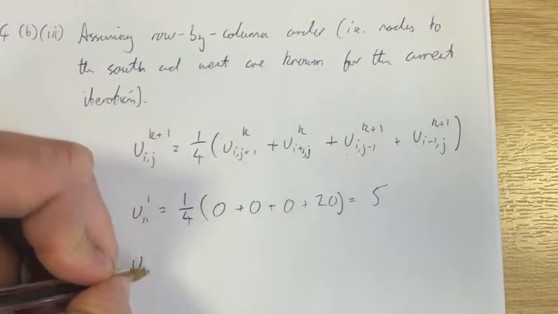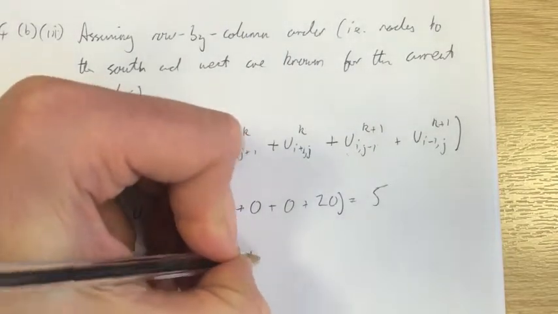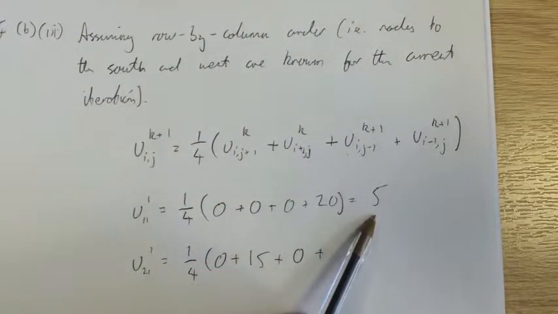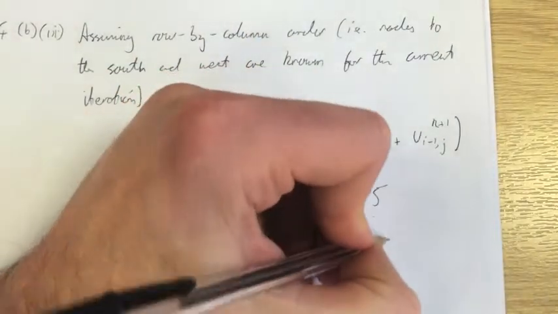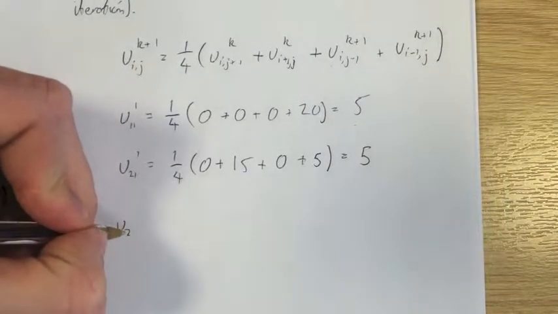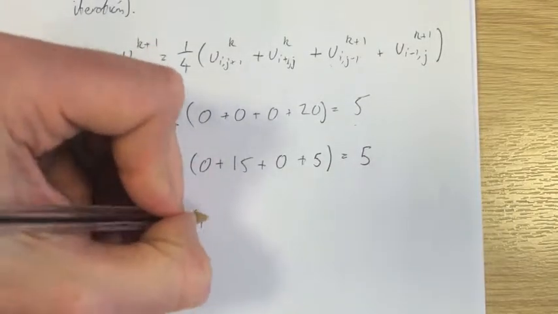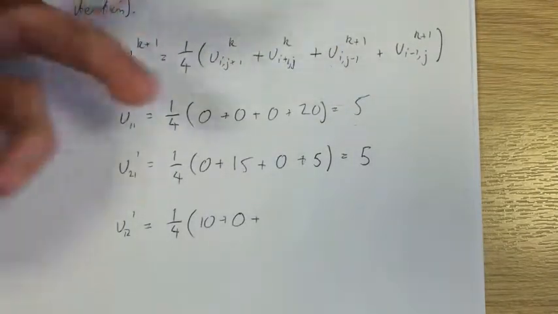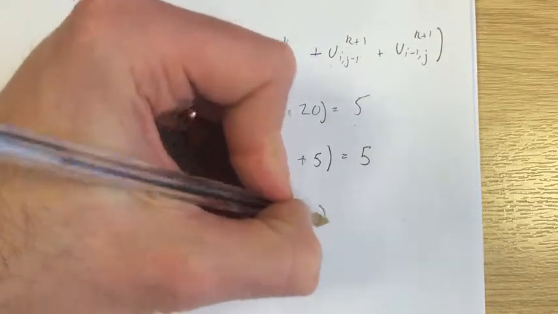Now the second one: the node to the north plus the node to the east plus the node to the south, and the node to the west is this one here, which I've just calculated, so I can use that. So that's also 5. And u12 is 1/4 of the node to the north plus the node to the east plus the node to the south, which is this value here, plus the node to the west.